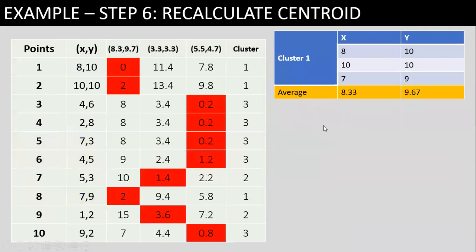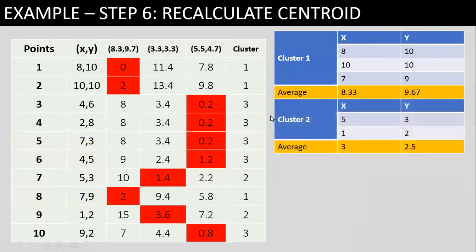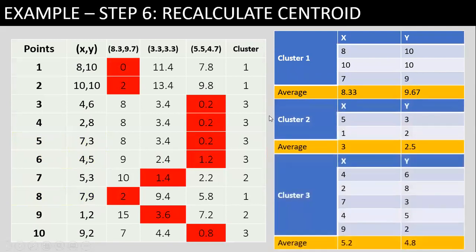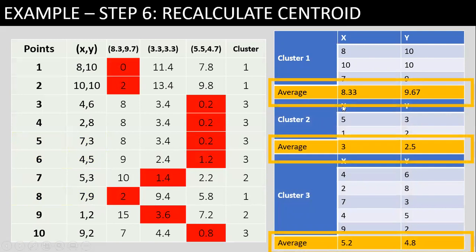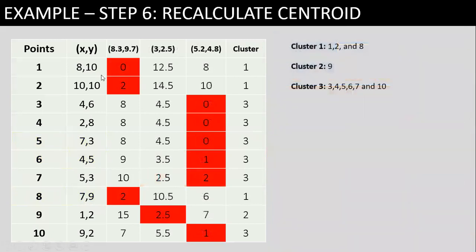Again, we will recalculate the centroids by getting the average of the values per cluster, and then we will arrive at the new centroids. So centroid 1 remains unchanged, and centroid 2 and centroid 3 have changed. We'll use these new centroids to recalculate the distances.